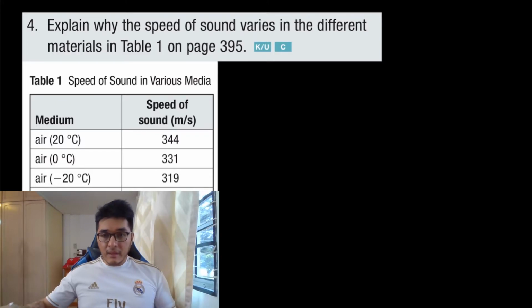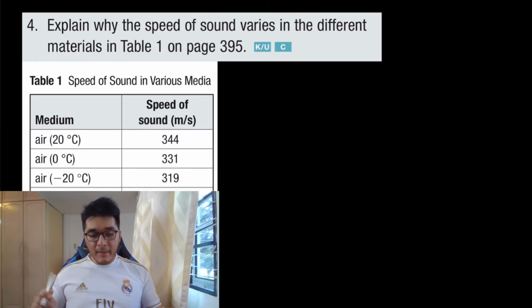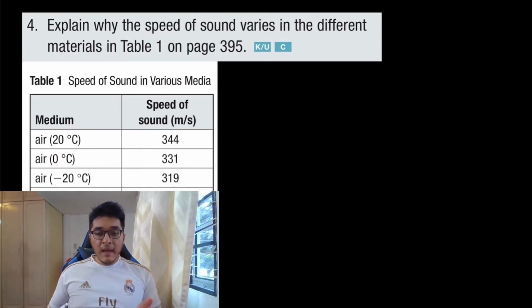Okay, so the next question, let's see. Explain why the speed of sound varies in different materials in table 1 on page 395. I took the liberty to just paste it here so you can see it for easier access. So let's try to analyze this table. We want to explain why the speed of sound varies in these different materials.